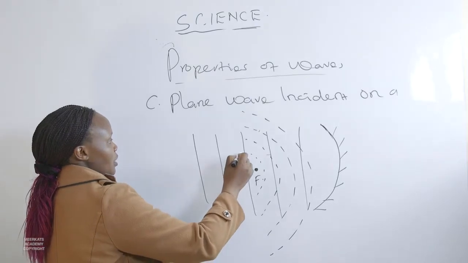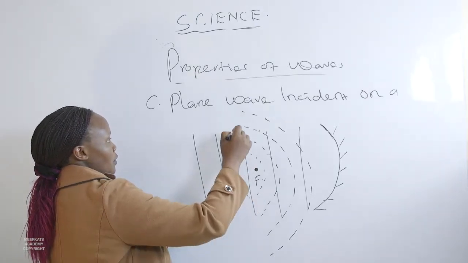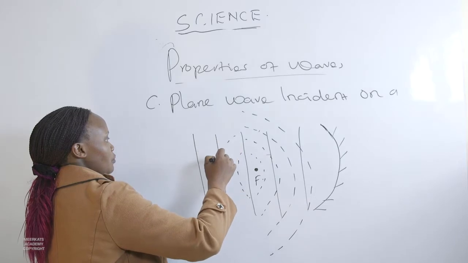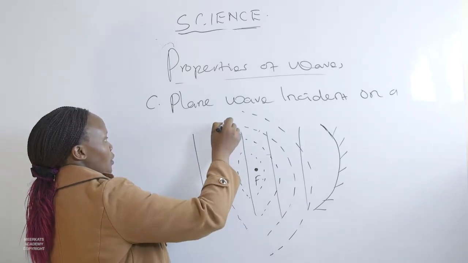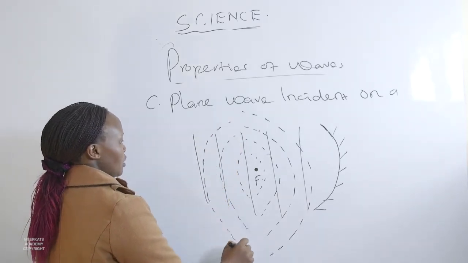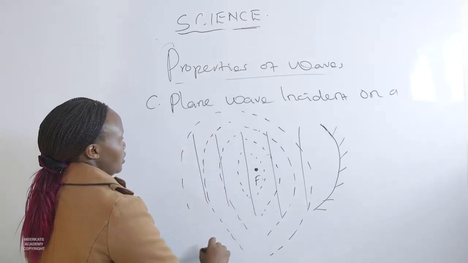Before again they spread, so that now they converge and later they diverge.